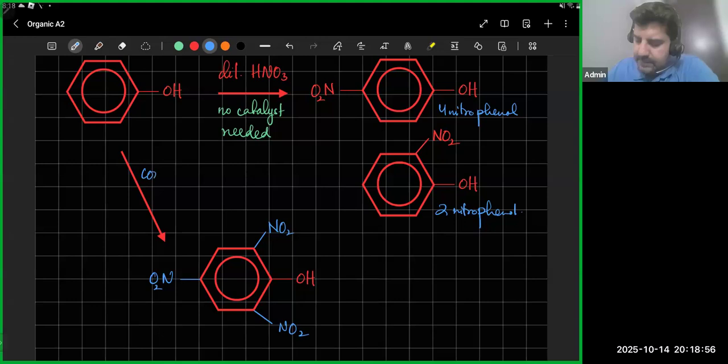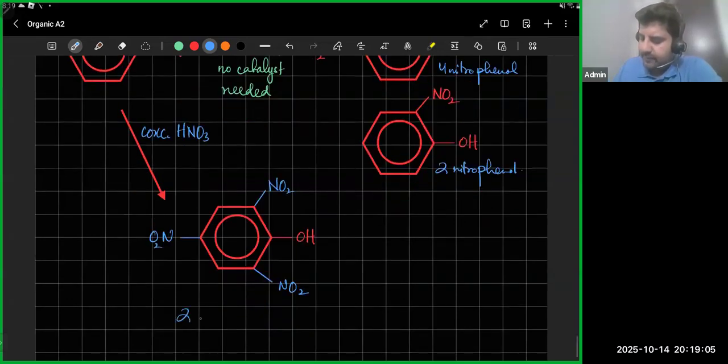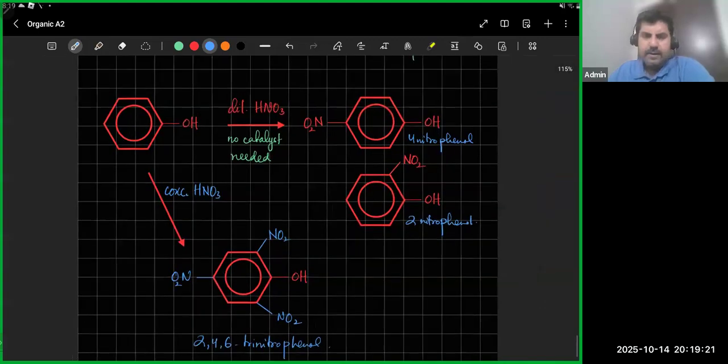So this is concentrated nitric acid, I mean, if you use that. And that's 2,4,6 trinitrophenol. Now there are 3 nitro groups that are going to be attached.